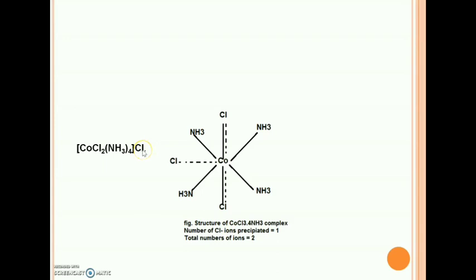That means chloride plays both roles, primary valency and secondary valency, and it dissolves in solution forming only one chloride ion. That means one molecule of silver chloride is precipitated on the addition of silver nitrate.